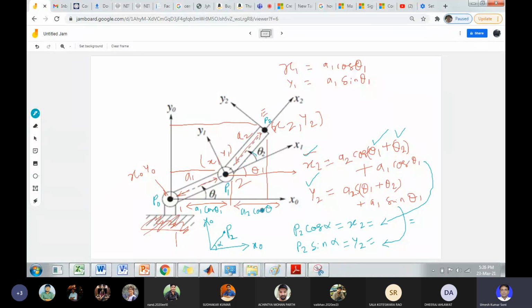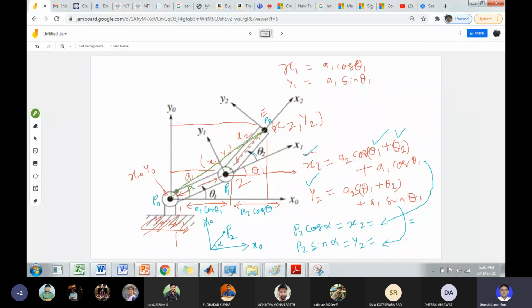theta 1 plus theta 2. Actually, if you define this P0, P1 and P2, and directly define this P2 relative to the origin, then this angle is alpha.